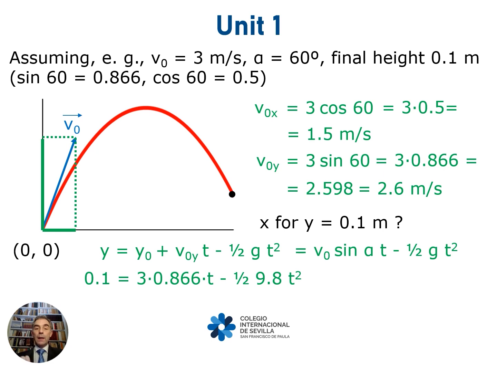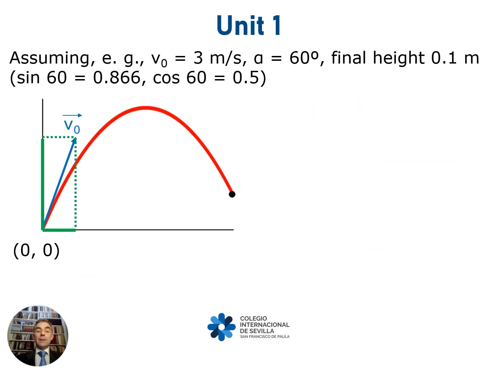So y equals 0.1 equals 3 times 0.86, v0 sine of alpha, times time, which we do not know, minus a half of 9.8, the modulus of gravity going downwards, times t squared. We rearrange the equation, passing 0.1 to the other side with the opposite sign. So we have 0 equals minus 0.1 plus 3 times 0.86 times time minus 1/2 of 9.8 t squared.